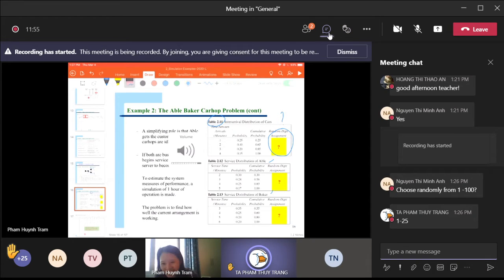Sure, please. I think you can choose randomly from 1 to 100. If the time between arrival is 1 minute, the random digit assignment can be from 1 to 25. All right, 1 to 25. And the next one is from 26 to 65.